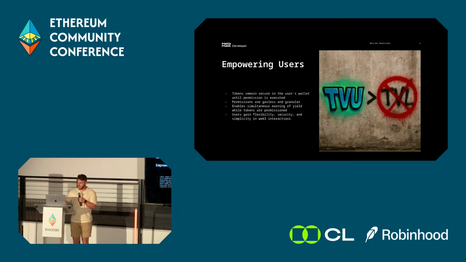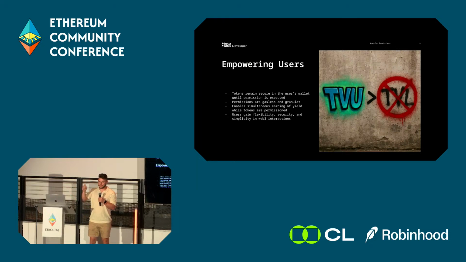Also, while you're giving all these permissions to all these AI agents, your assets stay in your wallet, in your account. These permissions are counterfactual, meaning they're gasless. When I give a permission to a dApp, there is no gas. There's no gas for the user anymore, right? It's completely gone. It's abstracted away.